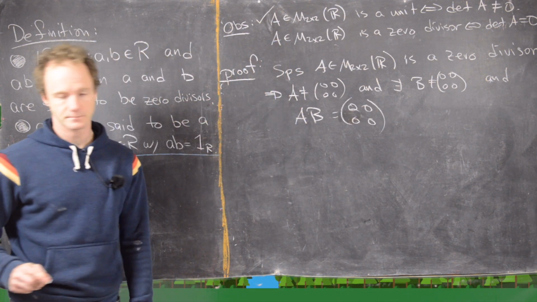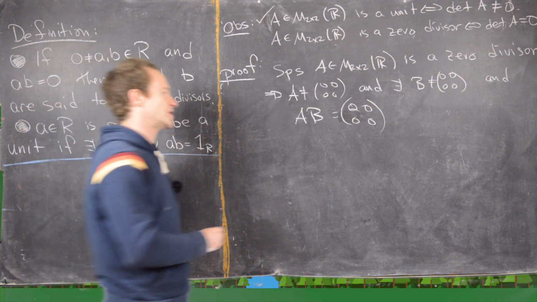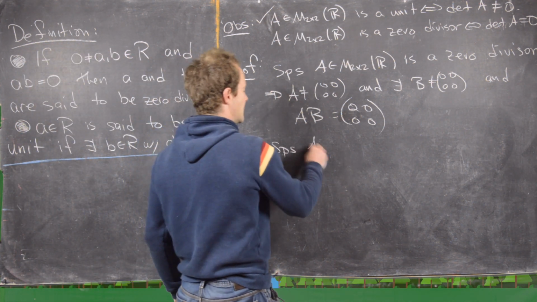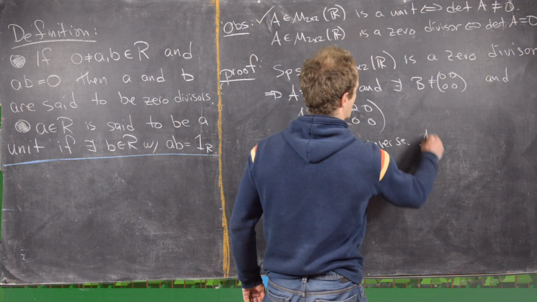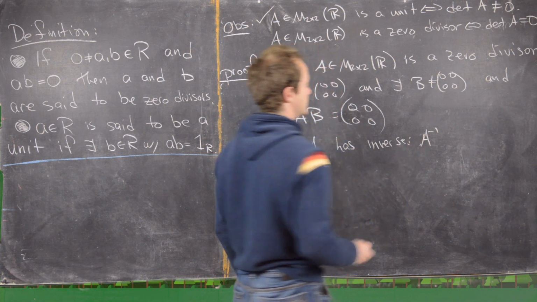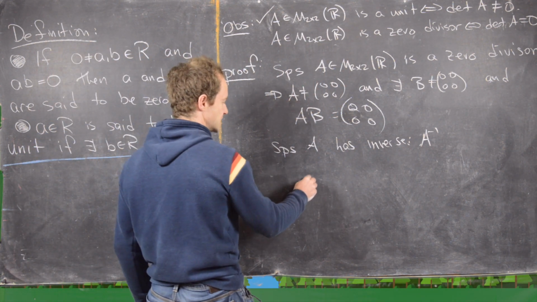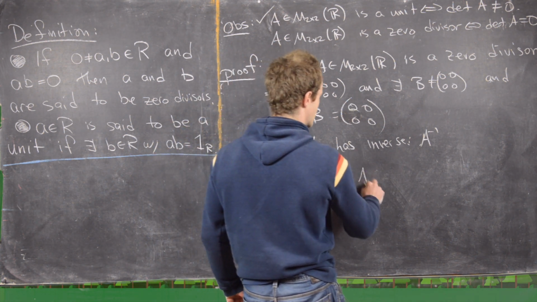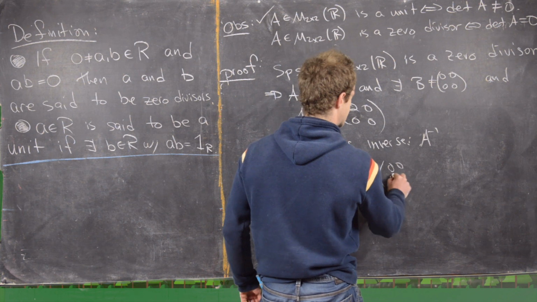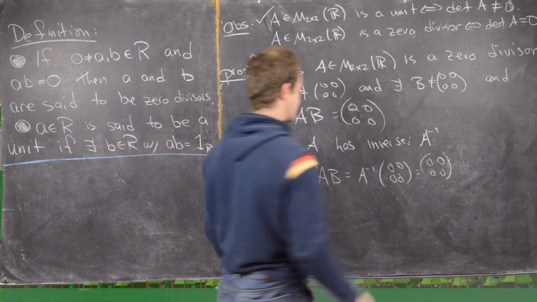Okay, good. But now, towards a contradiction, we're going to suppose that A has an inverse, and we'll call it A inverse. Now let's left multiply this equation by A inverse. That'll give us A inverse A times B equals A inverse times this zero matrix, which is obviously equal to the zero matrix.